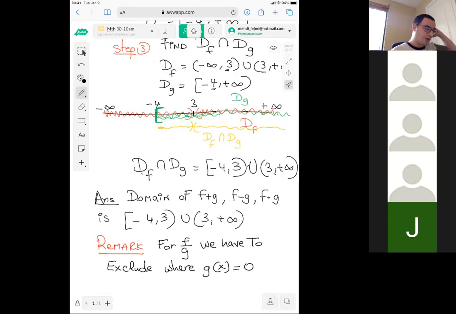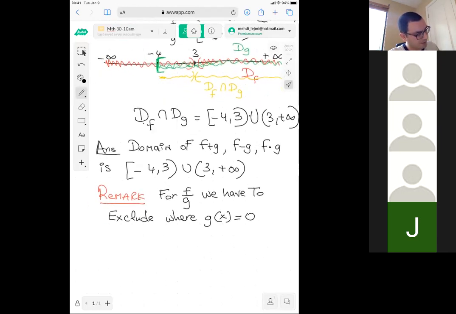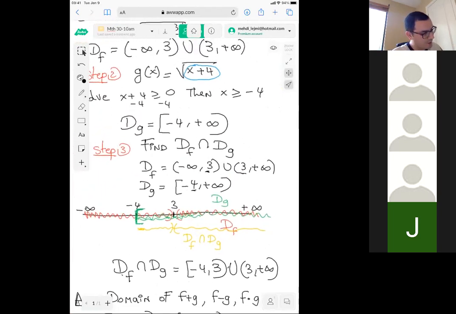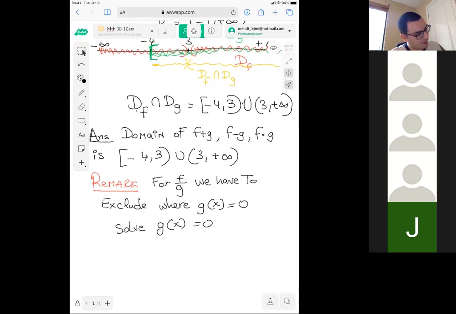All we have to do is solve g of x equal to 0. And g of x, we said, is the square root of x plus 4. So we need to solve the square root of x plus 4 equals 0.